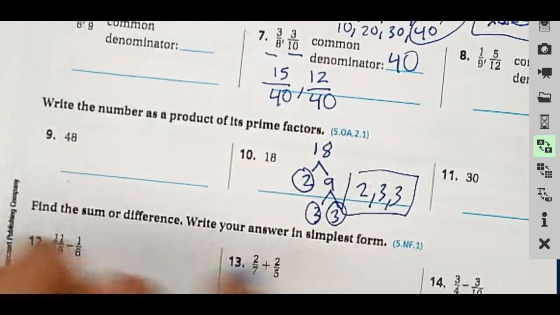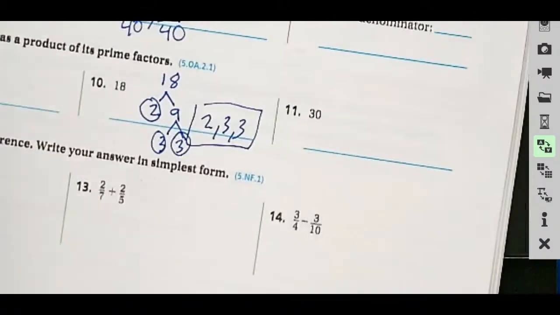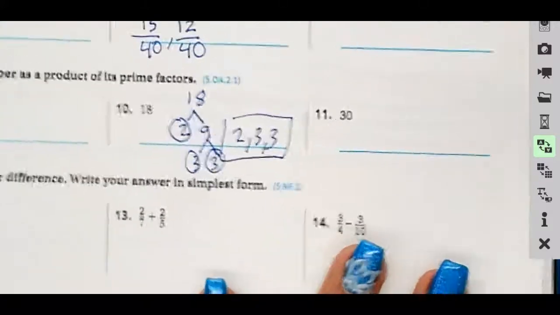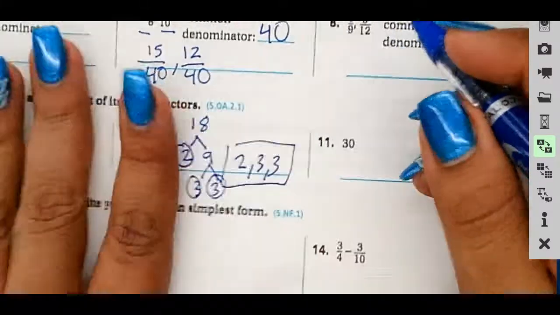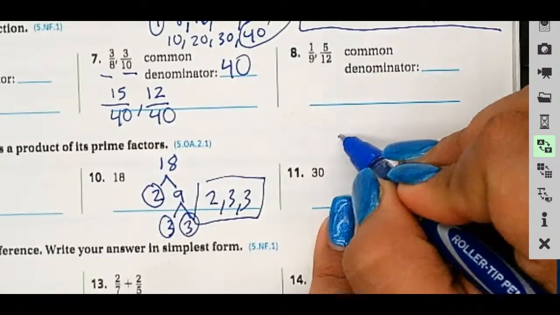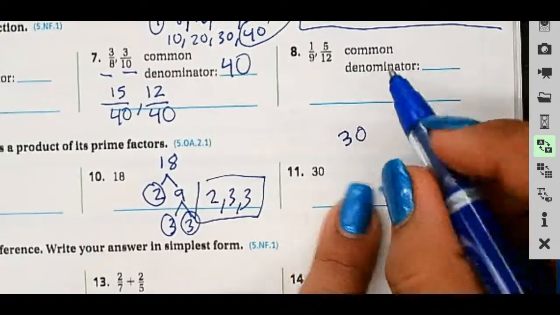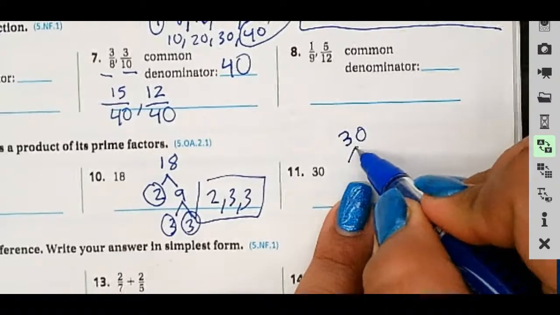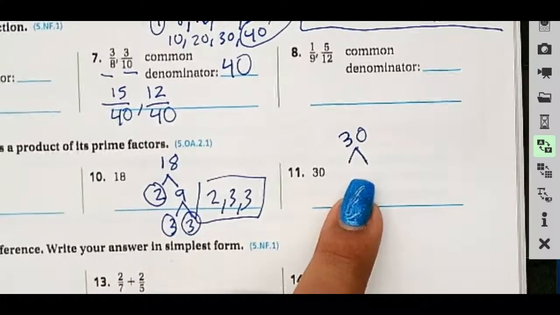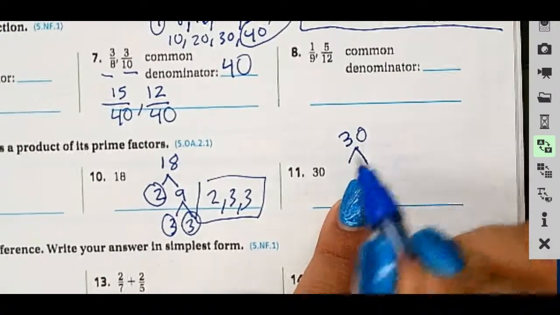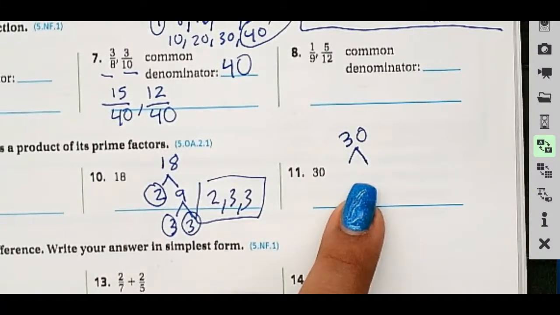Okay, now let's work on number 11 because I know that maybe it's a hard concept for some of you, and this will help you understand it better. So we have 30, and I'm going to branch it out. This is an even number, so I know I can divide it by 2.